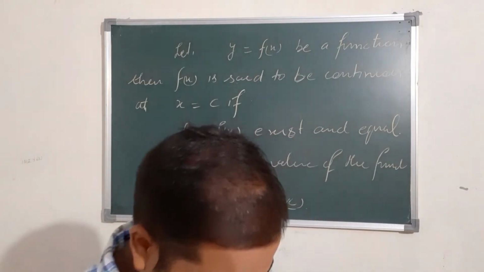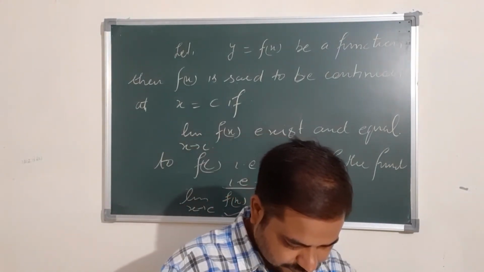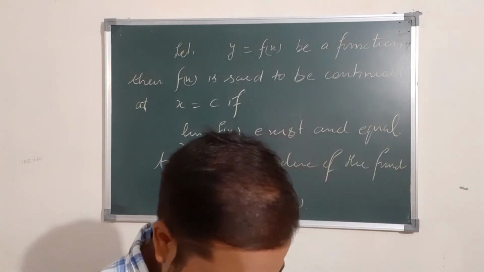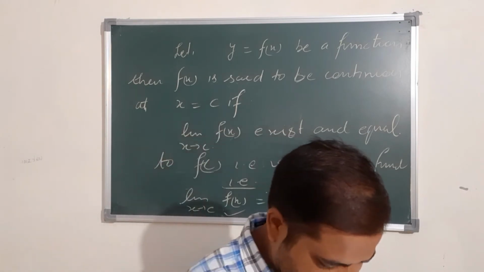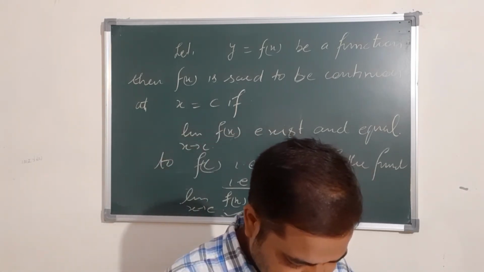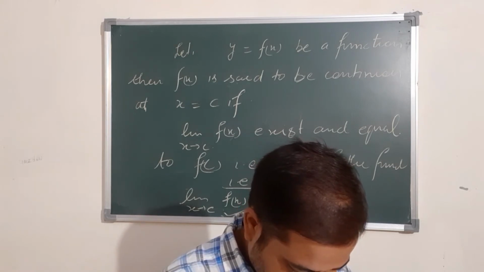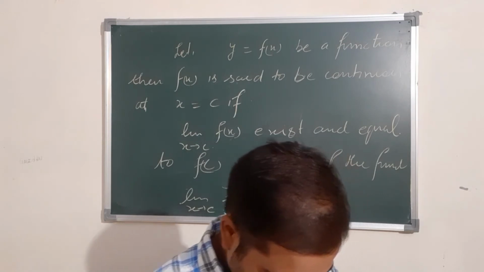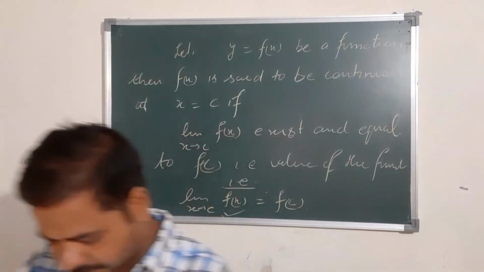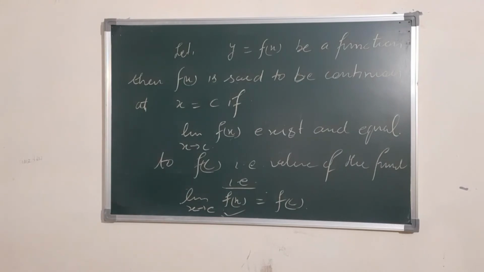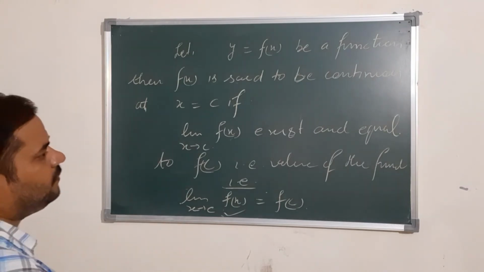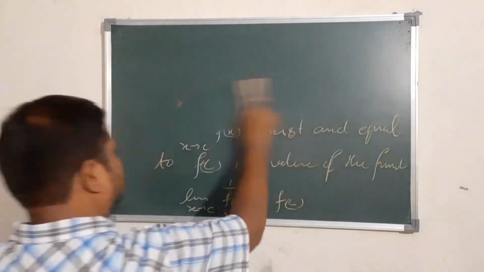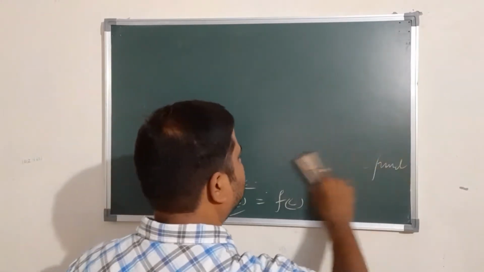Suppose we discuss the continuity of the function f(x) = x + 2 if x is less than or equal to 1, and x - 2 if x is greater than 1. If a function is not continuous at x = c, then it is said to be a discontinuous function.